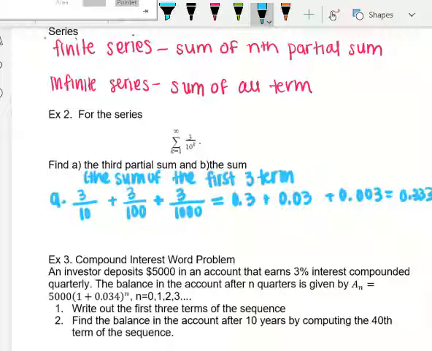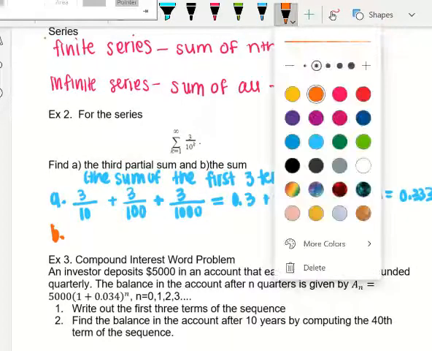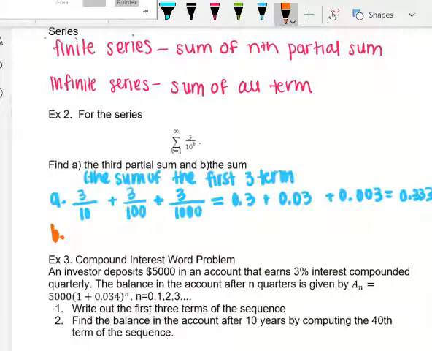Then the next one says find the sum, which means find the sum of all the numbers from 1 to infinity. So we're just going to kind of expand this part here and try to imagine the pattern here.